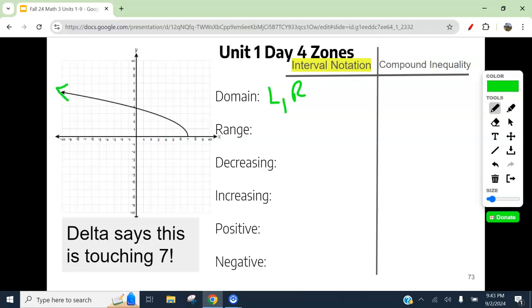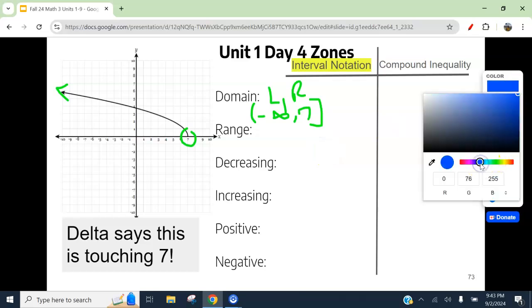It goes left forever. You always start on the left, negative infinity. How far right does it go? It goes as far right as 7. And the way they draw the picture, it comes down and sits right on 7. So it includes 7. I would like to see a closed circle right there. So 7 was quote unquote touched, if you want to say that.